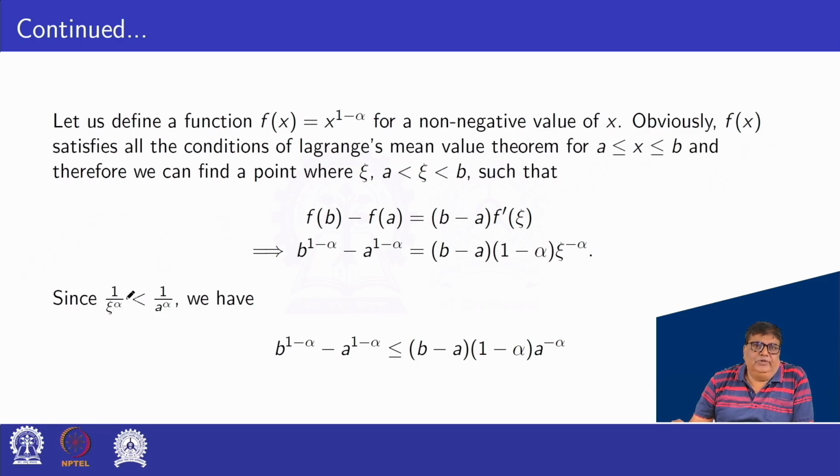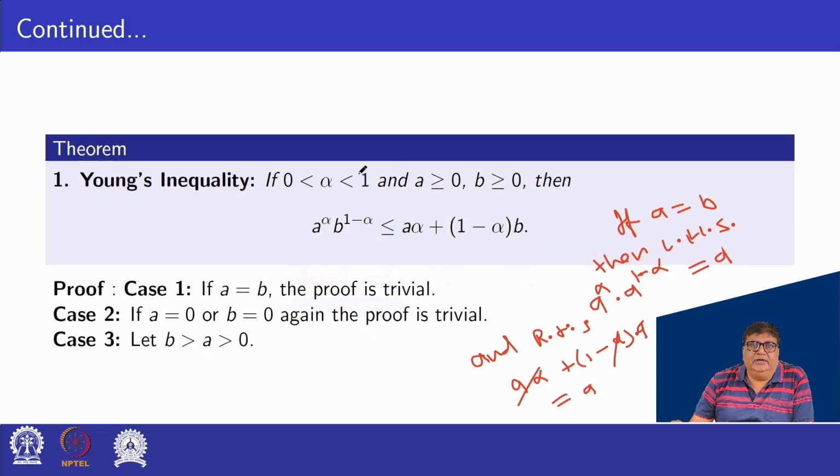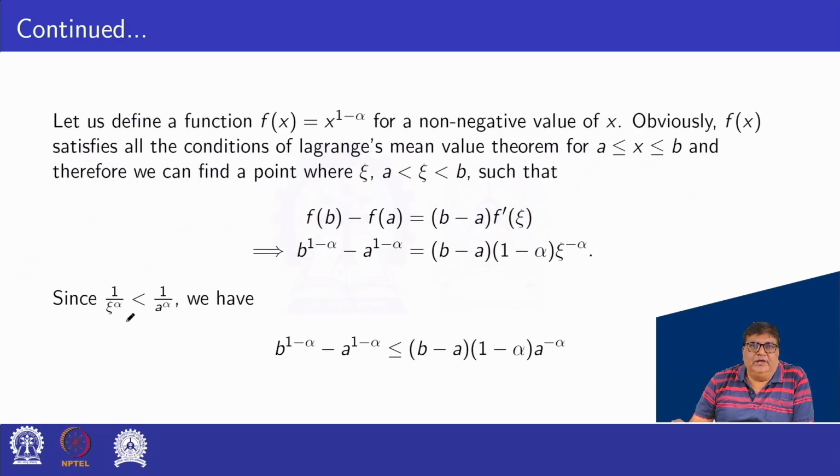Also, we know that 1 upon xi to the power alpha is less than 1 upon a to the power alpha, because here xi is greater than a. Alpha lies between 0 and 1, then 1 upon xi alpha is less than 1 upon a to the power alpha, that is, xi to the power minus alpha is less than a to the power minus alpha.